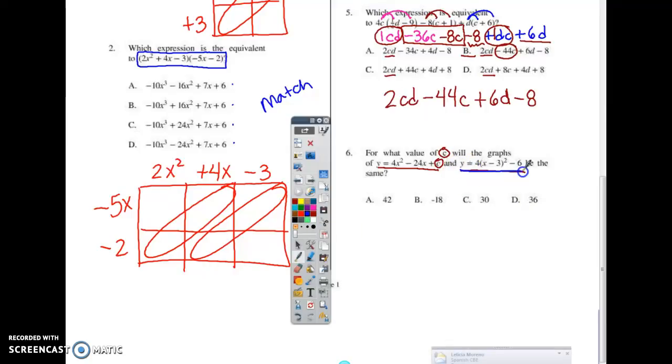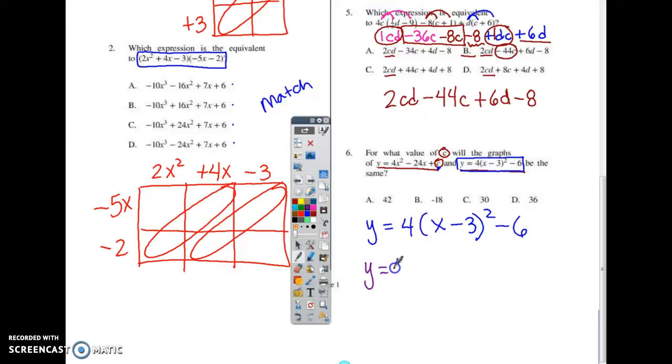You would put this, y equals 4 parentheses x minus 3 squared minus 6, and you would put all the answer choices in here and see which one matches. So you would have y equals 4x squared minus 24x plus 42.